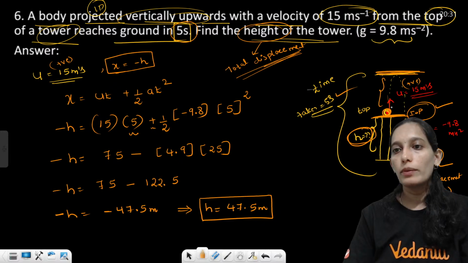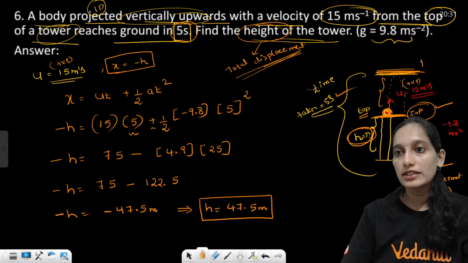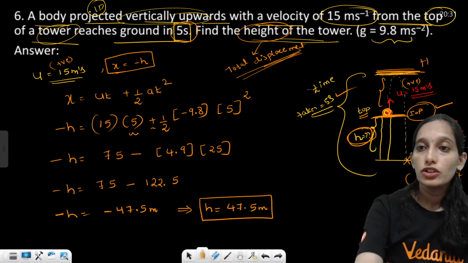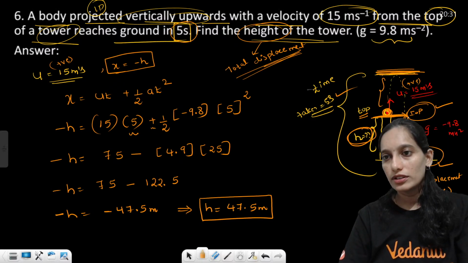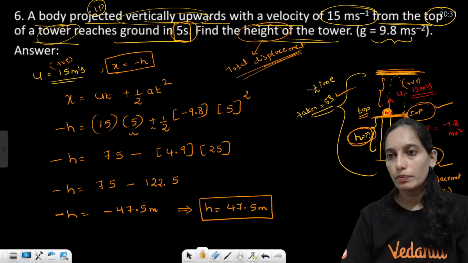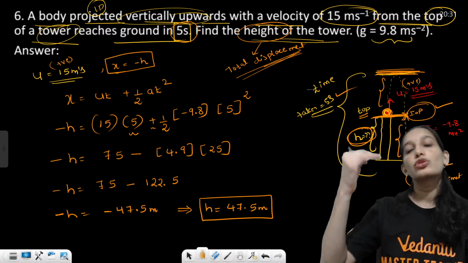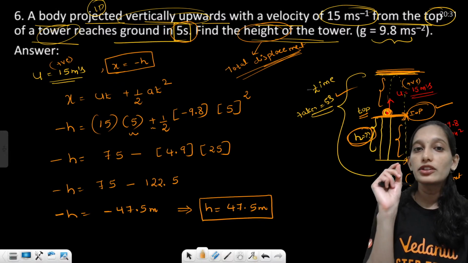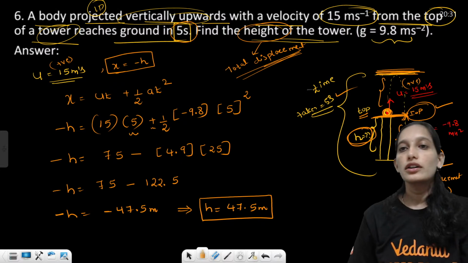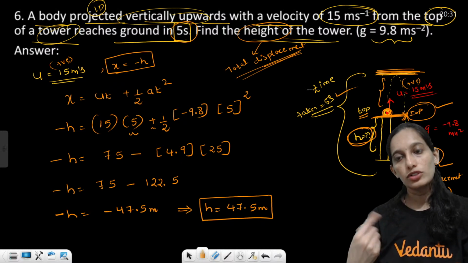How much time this body takes to go from the top of the tower to its maximum height, you find that out. The same time it takes to reach back to the top again, and the remaining time it takes to reach the ground. Using that third time, you can solve with your kinematic equation. So that is a tedious method.